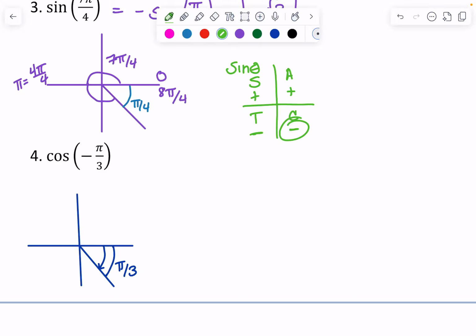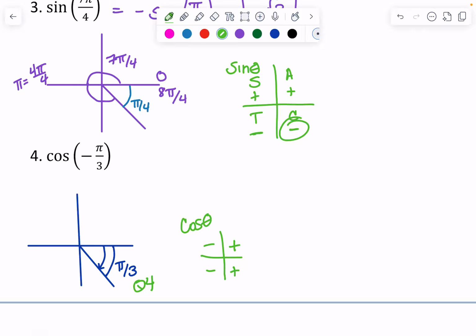Back again to my All Students Take Calculus, this time for cosine of theta. I know I'm in quadrant 4 here, right? So All is positive, Students is negative for cosine, Take, tangent is positive, so cosine is negative, and Calculus, there my cosine again is positive.